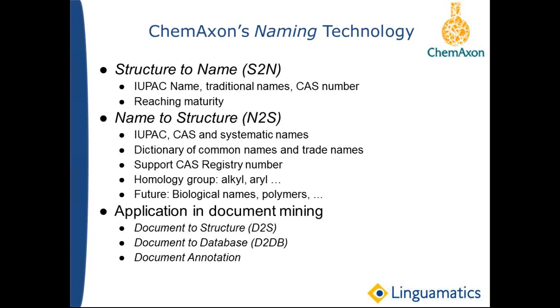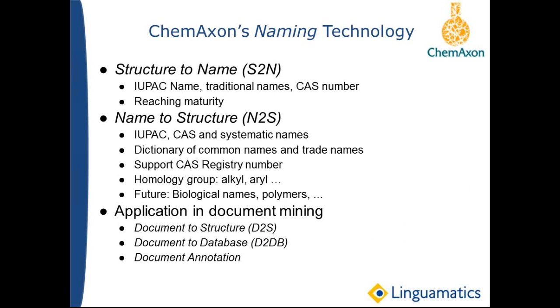First, we have structure to name that can convert a chemical structure to different chemical information, including a preferred IUPAC name, or it can convert to a traditional name, or even a CAS number. And this tool has reached its maturity. We can also do the reverse, which is to convert different types of chemical names to structure, including, for example, IUPAC name, CAS name, other systematic names.